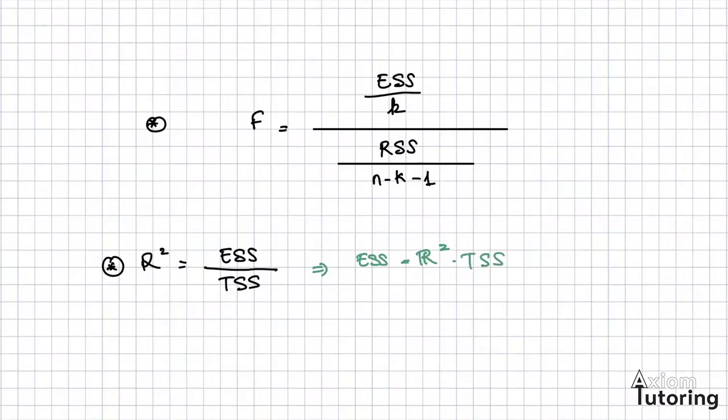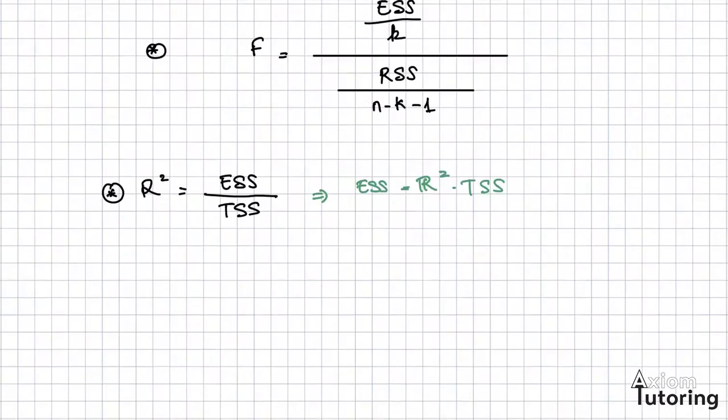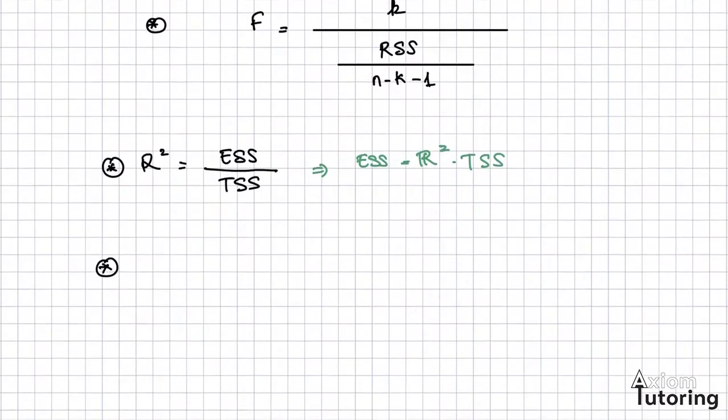So nothing new. We're just using the information that you know and things that you should be remembering based on the definitions. So now let's add the last relation, the last definition that you should also not forget, and that is that TSS is equal to the ESS plus RSS.